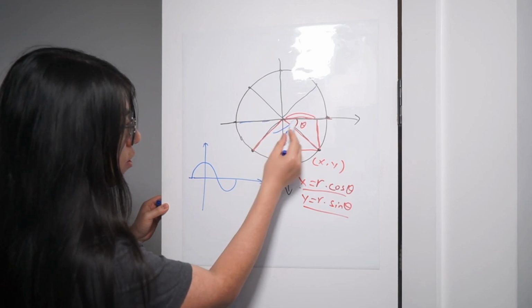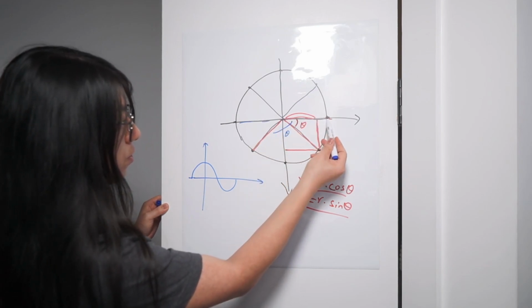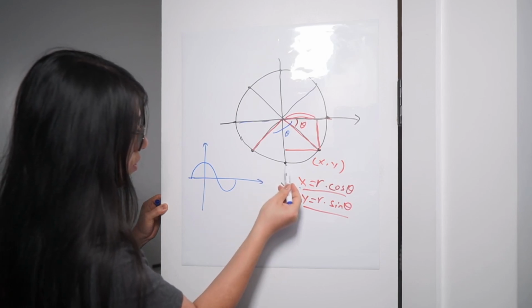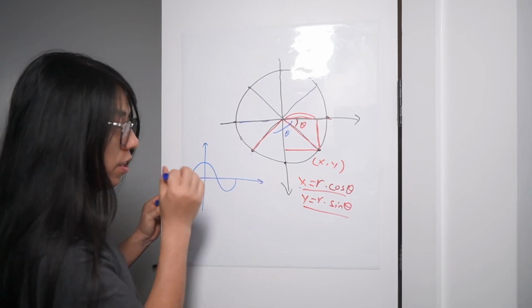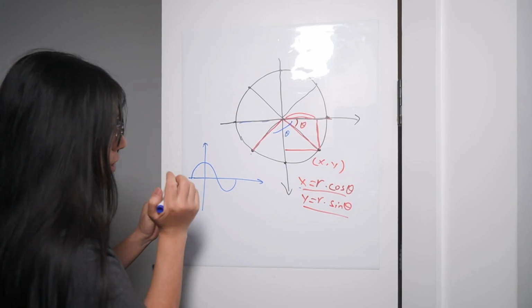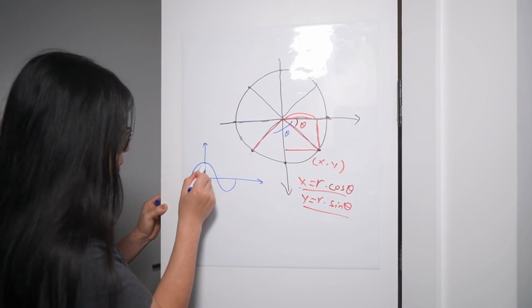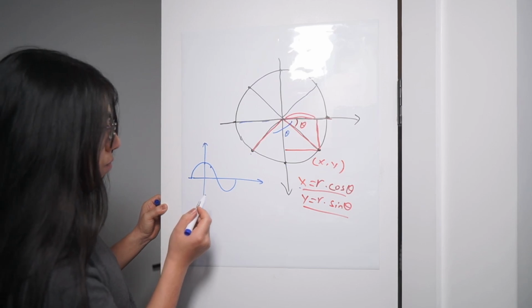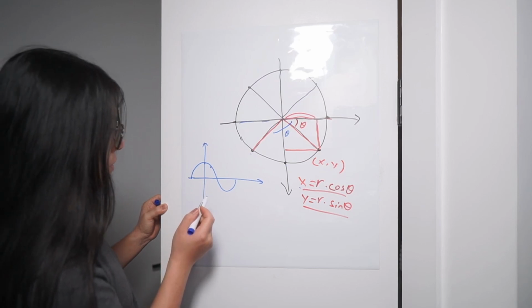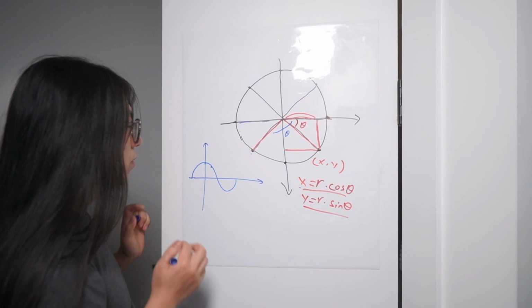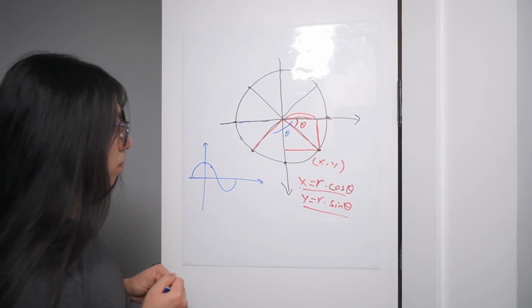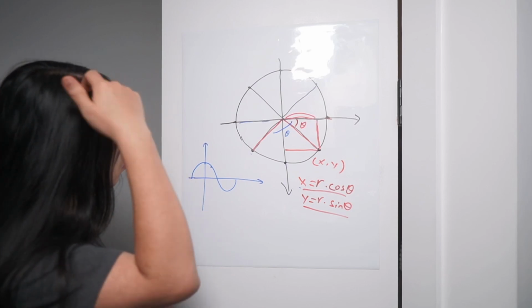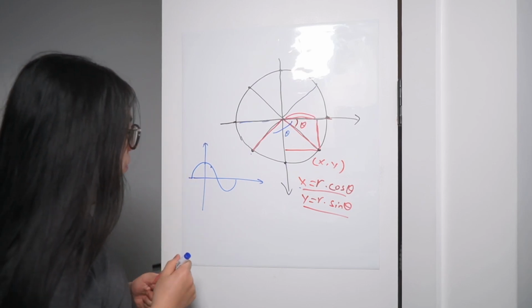Because right now, if you actually look at this, this is 0, this is half pi, or 90 degrees, this is essentially 135 degrees. So this will be the 90 degrees, this will be 135 degrees. So wait, that means cosine r. Why is x negative?